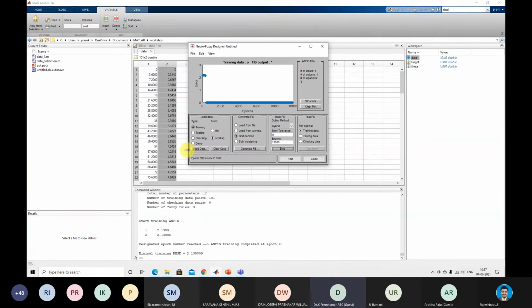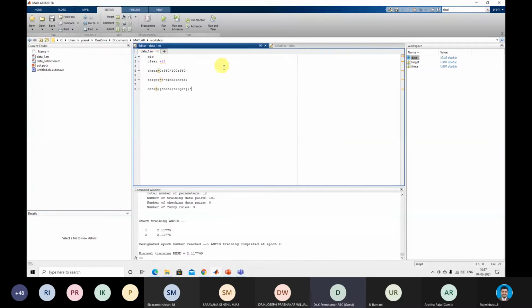This is because of your theta value, right? Theta has a range between 0 to 360, which is not acceptable to the adaptive network. Suppose I change the data, for example, I take sine of theta and consider here 2 pi radians.